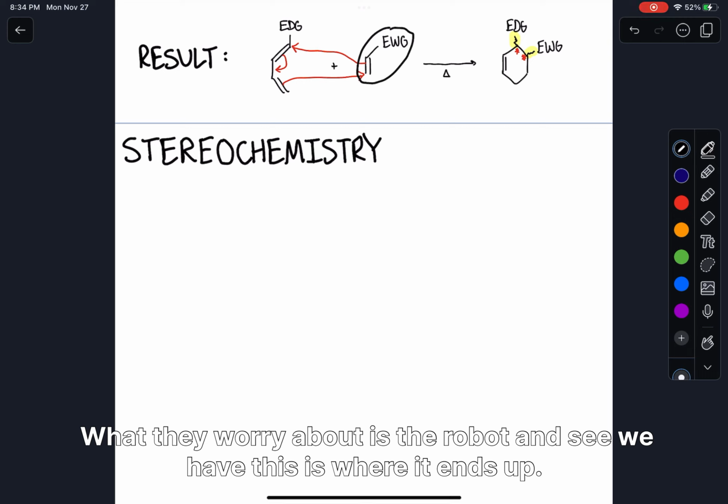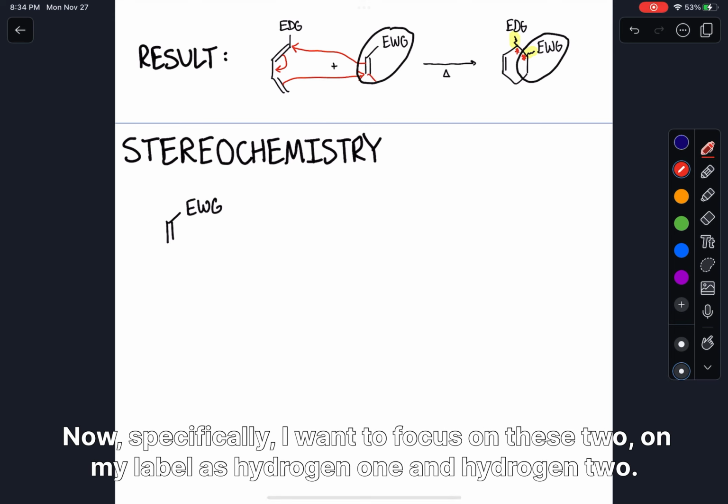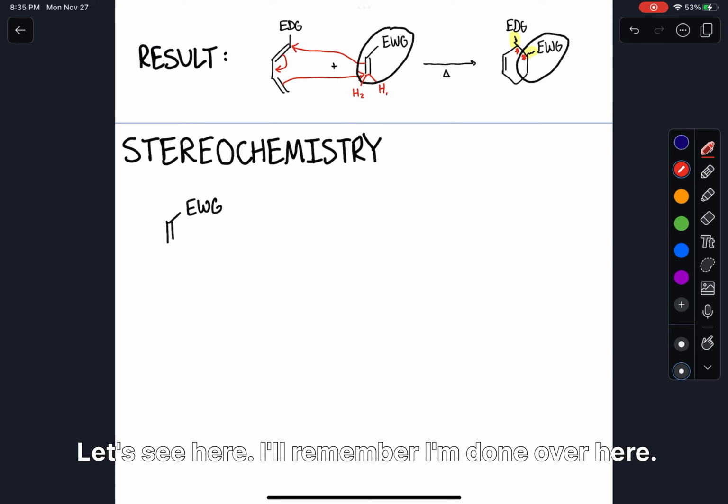Right now, let's focus on the dienophile, which I'm circling here, circling where it is in the product. Now, I'll redraw it, except this time I will draw the hydrogens that are coming off of the double bond. Specifically, I want to focus on these two, which I label as hydrogen 1 and hydrogen 2.